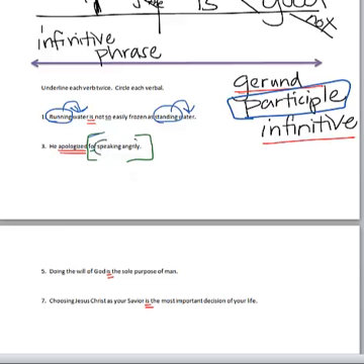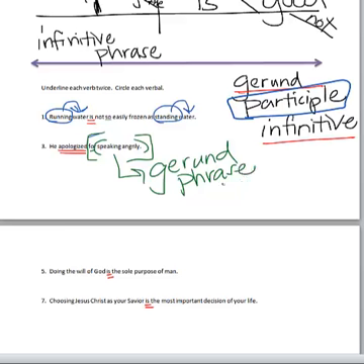Speaking angrily is your gerund phrase. So you might be asking me, Mrs. Nichols, where is the verbal? Speaking. The gerund phrase, speaking angrily, acts as the object of the preposition for. So it's a gerund phrase. But you don't have to know that it's a gerund phrase at this point. You just have to be able to tell me that that's a verbal and not a verb.